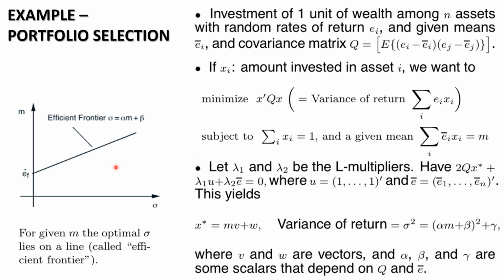The efficient frontier results from varying m and plotting sigma squared versus m. So here we have considered a real problem from finance, which could be helpful in the future.